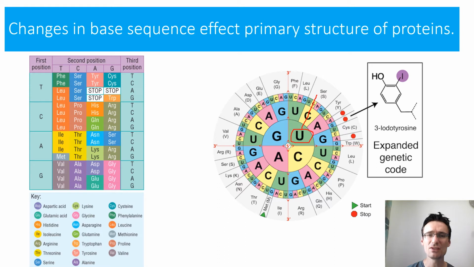Whereas if it's UUC, so you've just changed that middle C to a U, you've gone to phenylalanine, I think it is. That is an example of a mutation. It will change your amino acid.